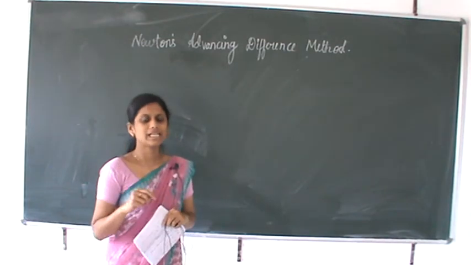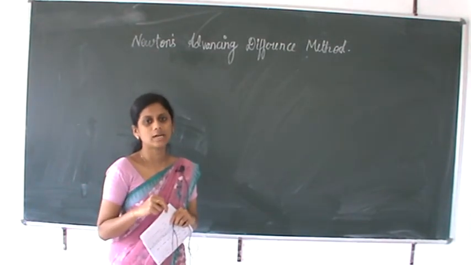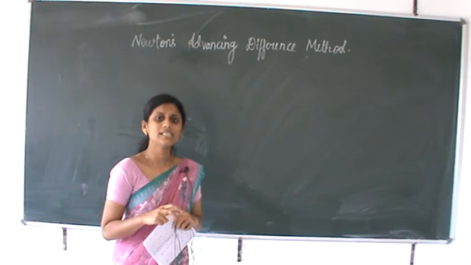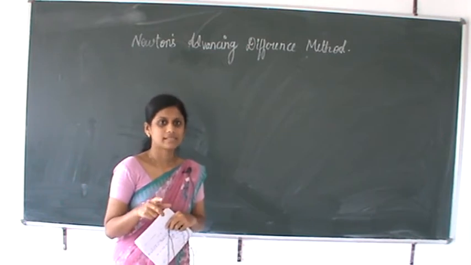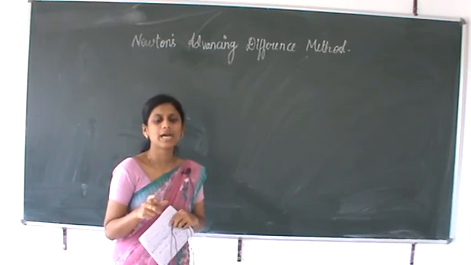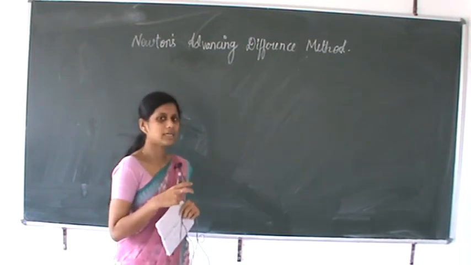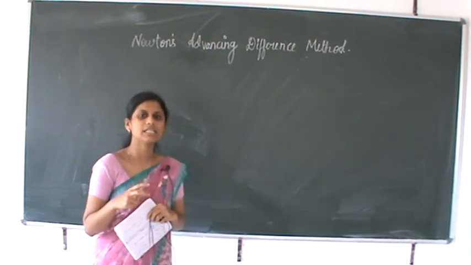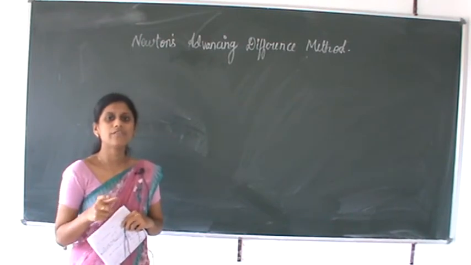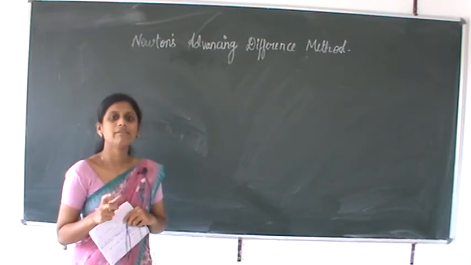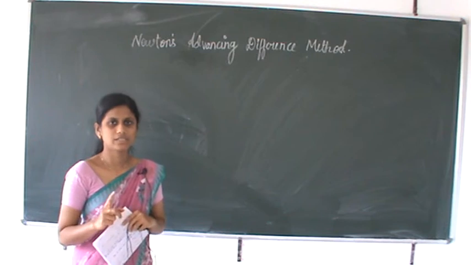See, in the binomial expansion method, two conditions are to be fulfilled. First, the values of x, the independent variable, should have a common difference. Likewise, the same condition applies here also: in Newton's advancing difference method, the values of the independent variable should have an equal difference. That is the first condition.